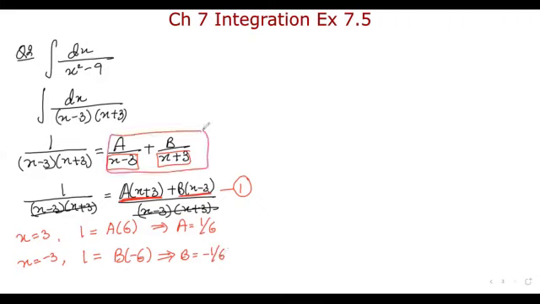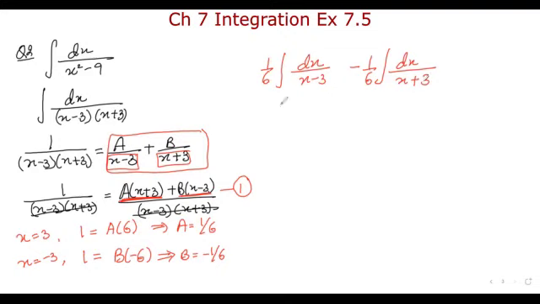Forget about the question, whatever was there in the question. Go here, integrate it simply by putting the values. The value of a is 1 by 6, a constant. I'm taking it outside, and this is dx upon x minus 3. Minus 1 by 6 integral dx upon x plus 3.